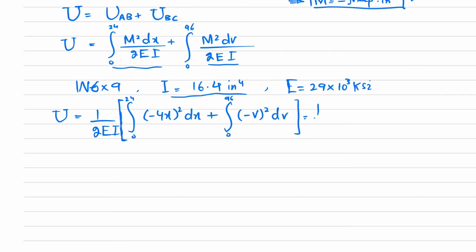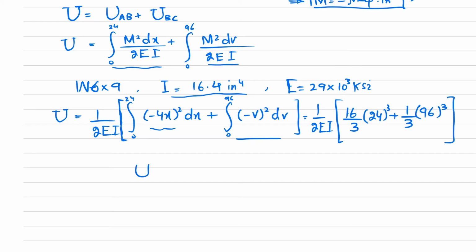So from here this is 1 over 2EI, and that will be equal to this term. After integrating and taking the limit, we will get 16 over 3 times 24 cubed, plus from this you will get 1 over 3 times 96 cubed.